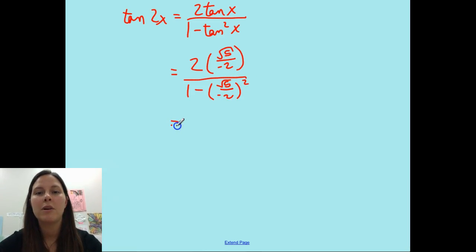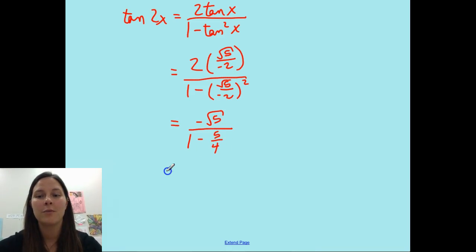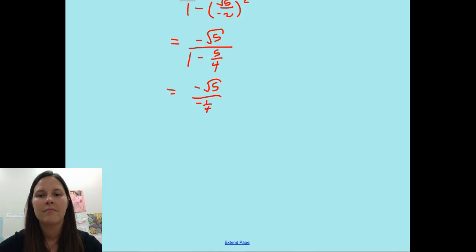In the numerator, when we multiply, those 2's will cancel, leaving us with just the negative square root of 5. In the denominator, after we square that square root, we'll get 5 over positive 4 once we square that negative 2. Subtracting in the denominator, we would get negative 1/4. And finally, we'll multiply by the reciprocal. So we get negative root 5 times negative 4, which gives us a positive 4 root 5.